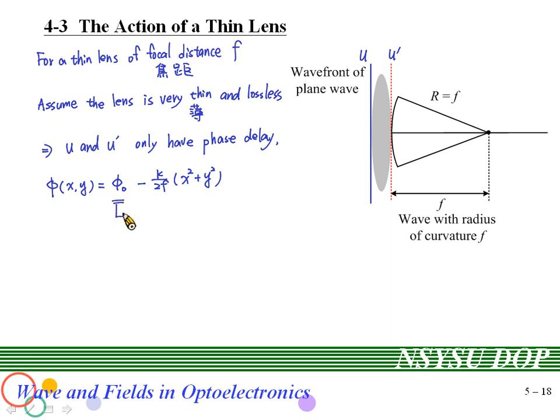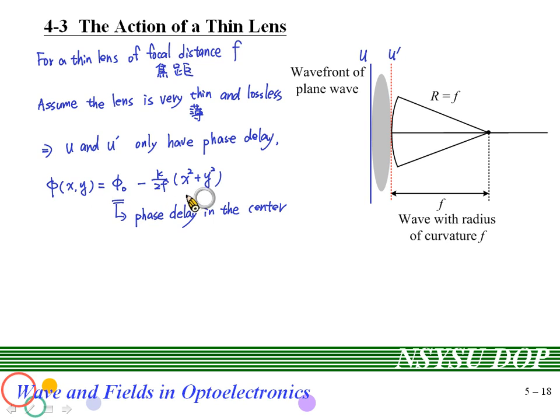Here, phi 0 means the phase delay at the center. So clearly you can see that compared to the center point, the points away from the center point have smaller phase delay, right?